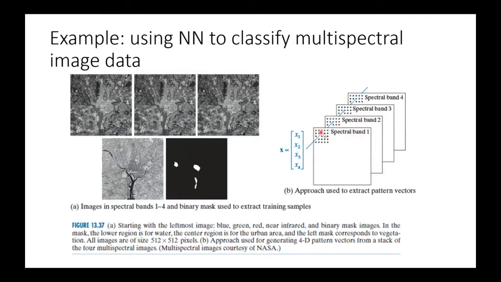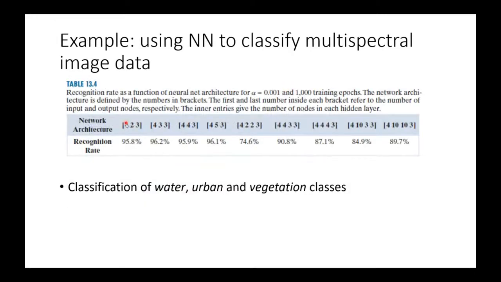So the first feature vector will be the first spectral band, then the second, third, and fourth, represented as vectors. So all the inputs will be 4, because I have 4 spectral bands. And this is the number of hidden layers. And the outputs will always be 3, because I want to classify between water, urban, and vegetation.